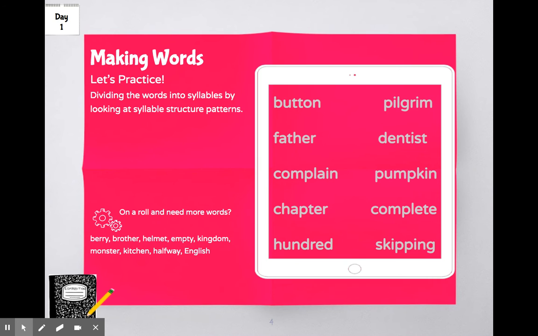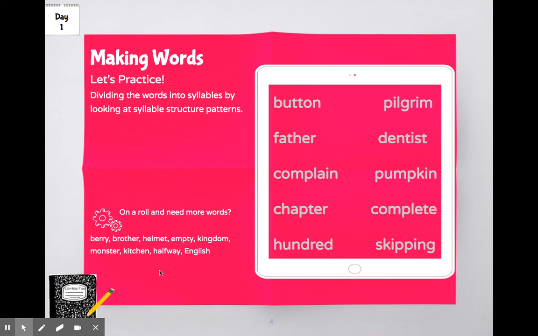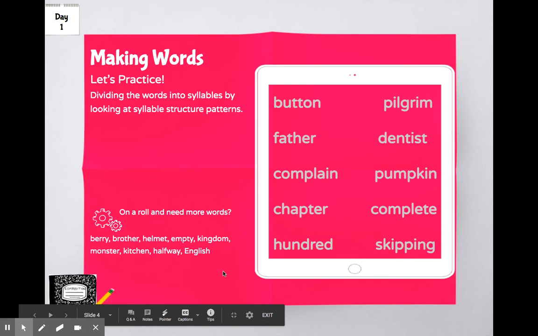You get to decide. And if you're on a roll and you want to try more, you can try these over here. We have berry, brother, helmet, empty, kingdom, monster, kitchen, halfway, and English.